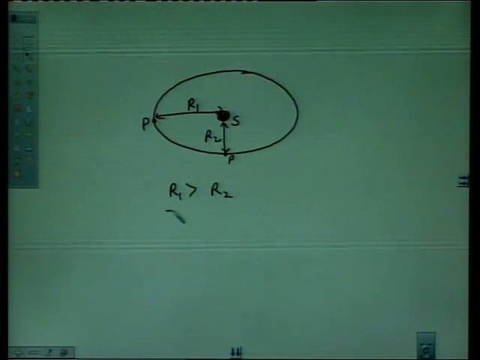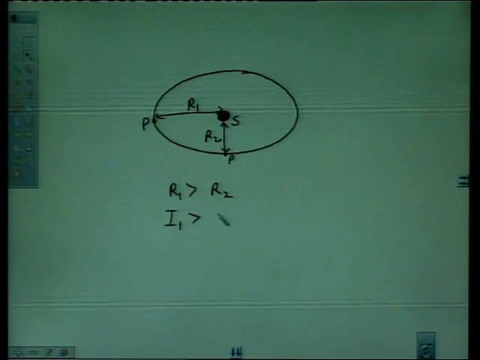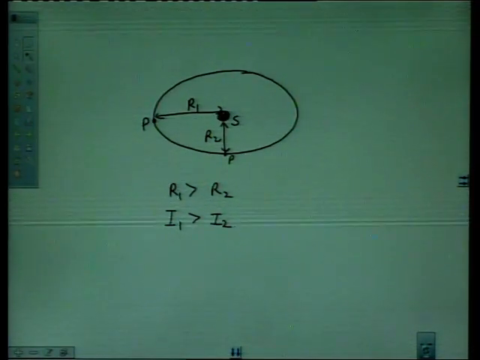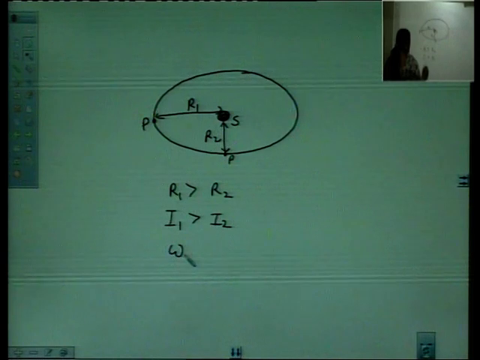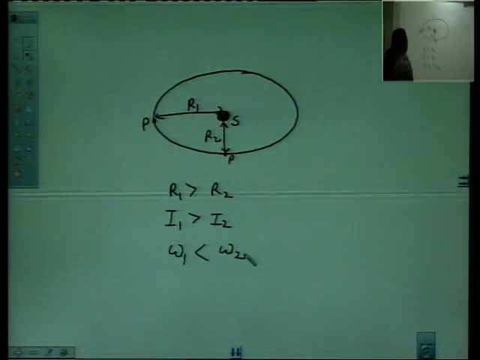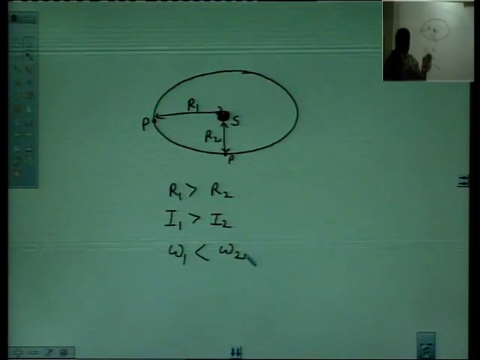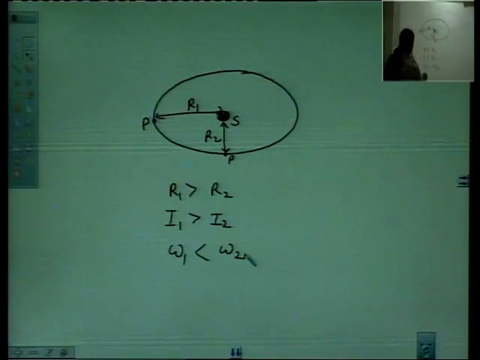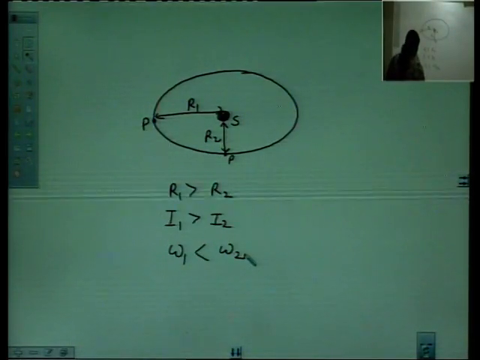So, we can say that I1 is greater than I2. If I1 is more as compared to I2, we can say that omega 1 is less than omega 2. It means whenever a planet revolving in an elliptical orbit comes near to the sun, its angular velocity increases.